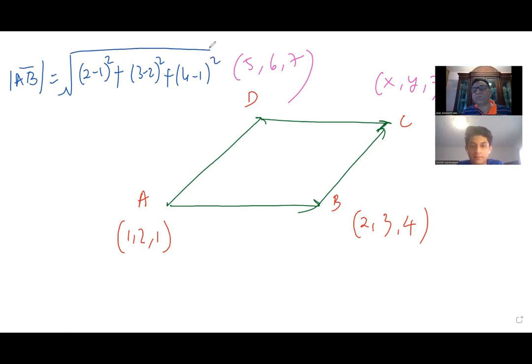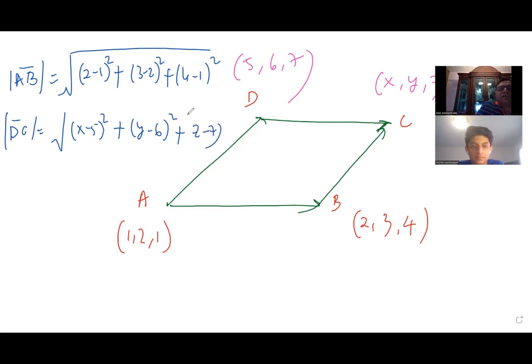That becomes the magnitude. And for the magnitude of D to C, it will be the square root of (x minus 5) squared plus (y minus 6) squared plus (z minus 7) squared. So how will that help you to find the value of x, y, z? Right. So actually I substituted the magnitude of AB to be the same as DC.